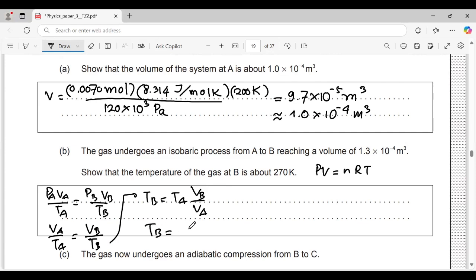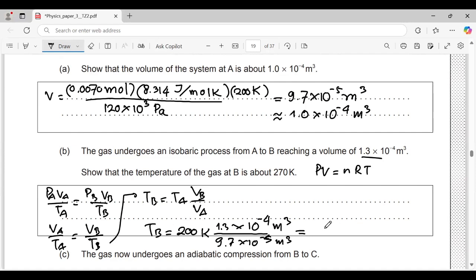Substitute the data: 200 Kelvin, VB is 1.3 times 10 power minus 4 m cubed, and VA is 9.7 times 10 power minus 5 m cubed.